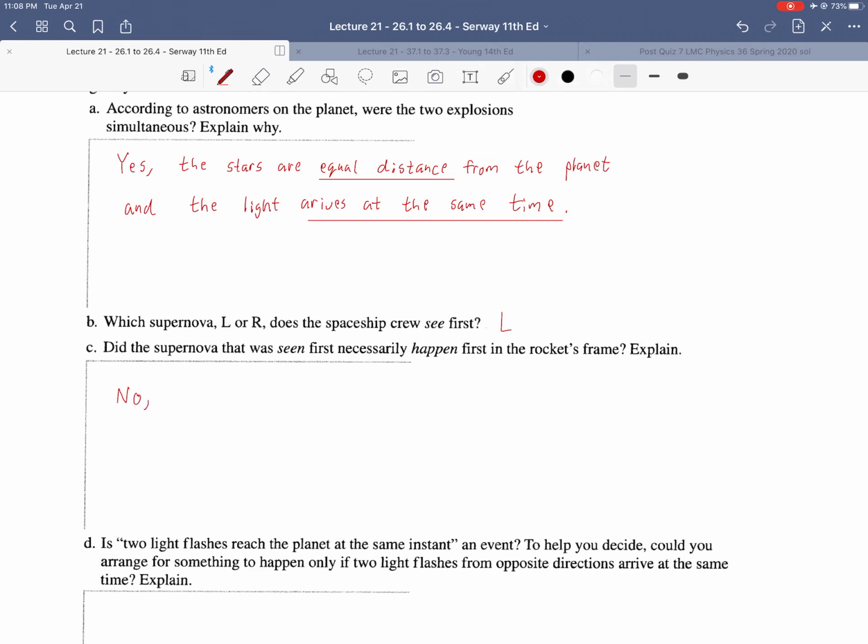No. Since L is closer, the light would have just taken less time to arrive at the ship.